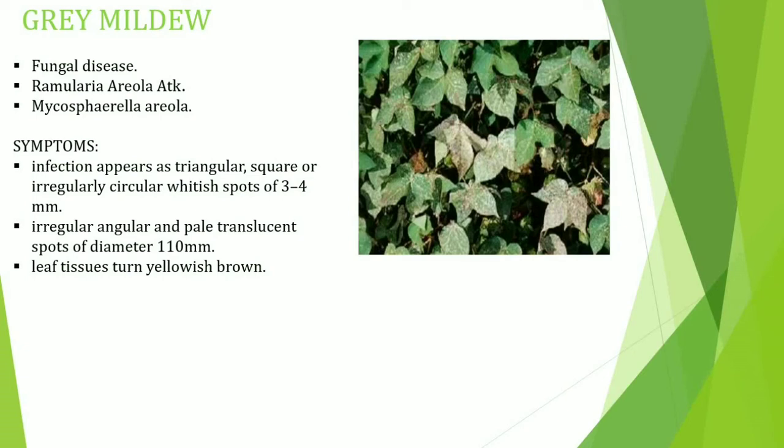These diseases primarily appear as irregular angular and sometimes pale translucent spots of diameter 1 to 10 millimeters on the older leaves of the matured plants. The infected regions are light to yellowish green in color on the upper surface. As disease infection increases, spots merge together, forming a bigger spot, and the leaf tissues turn yellowish brown, while whitish frosty growth appears on the lower surface of the leaf, but occasionally on the upper surface.